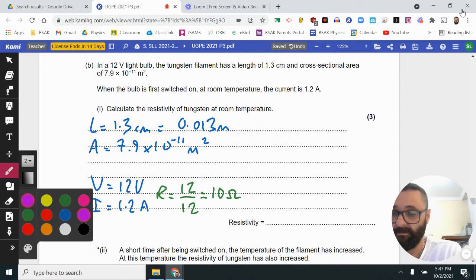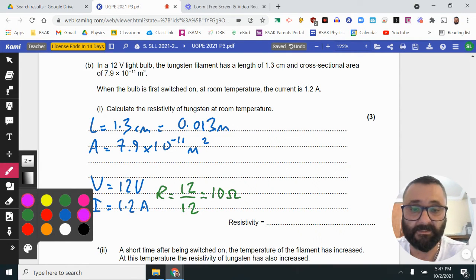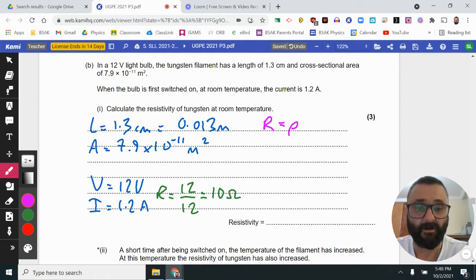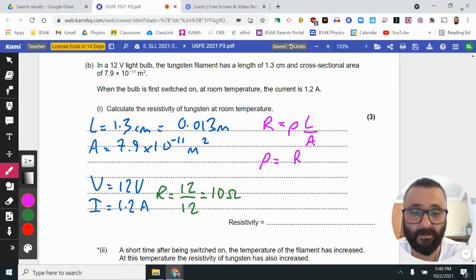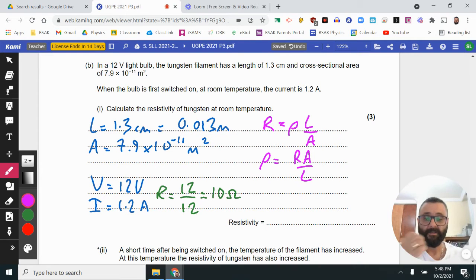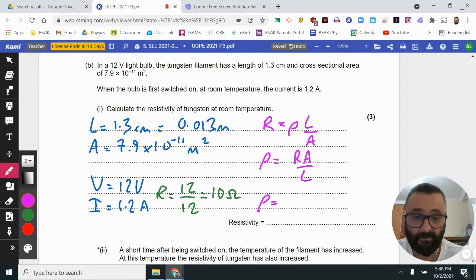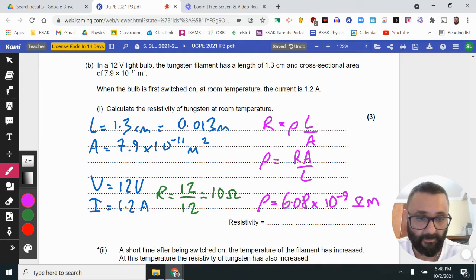That will come in handy because obviously the resistivity equation is R is rho L over A. So rearranging this, rho is RA over L. So substituting those values in gives us a quite nice value of 6.08 times 10 to the minus 9, not forgetting ohm meters as the unit.